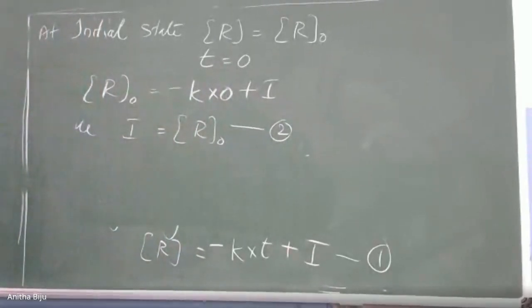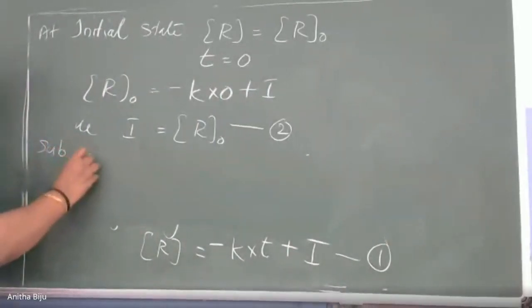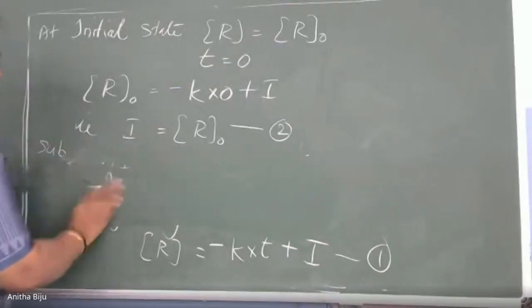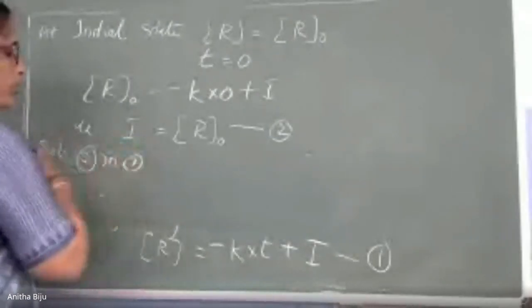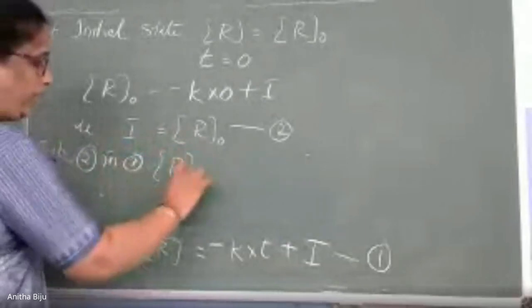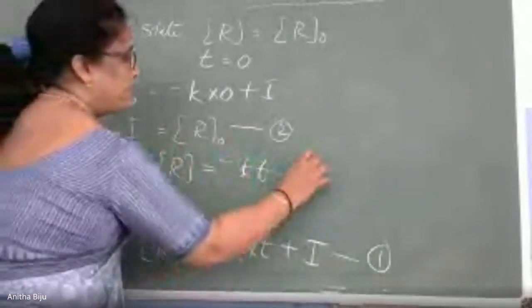In this way we can find out the value of I. Substitute the value of I in equation 1, that is, 2 in 1. What do we get? R is equal to minus K into T plus R naught.